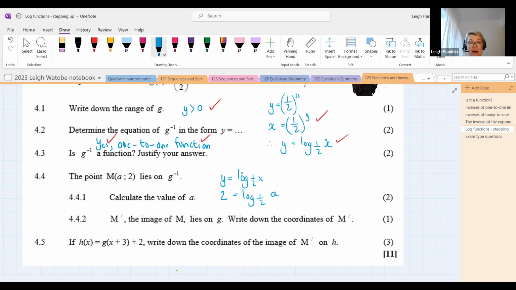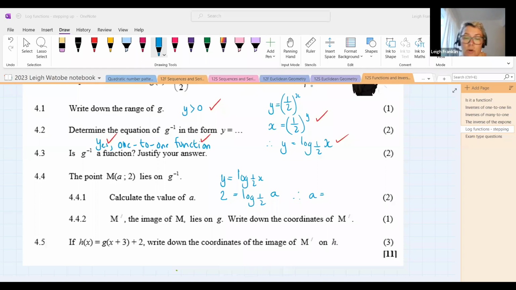Now, can anybody tell me how I would need to solve for a? What is the next step? What would I write? So therefore, a would be equal to what? Yes, okay, but where does that come from, Penga? Sure, Tsagofatso.